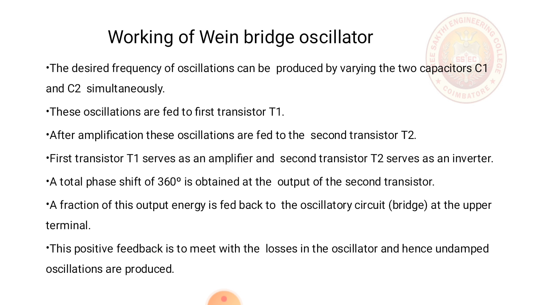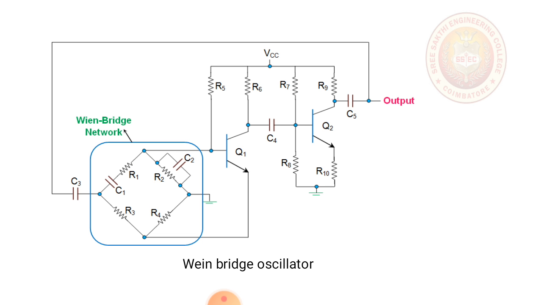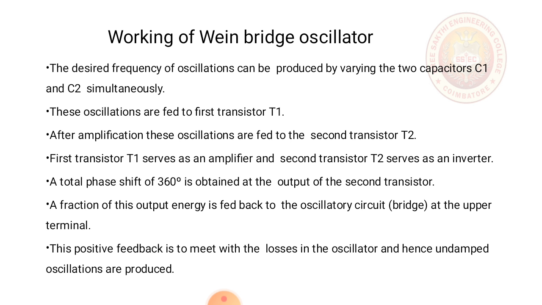These oscillations are fed to the first transistor Q1. After amplification, these oscillations are fed to the second transistor. The first transistor acts as an amplifier and the second transistor acts as an inverter. A total phase shift of 360 degrees is obtained at the output of the second transistor.